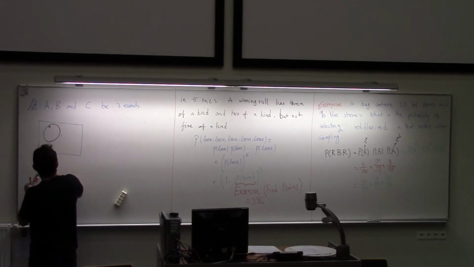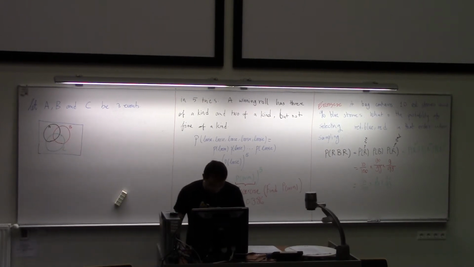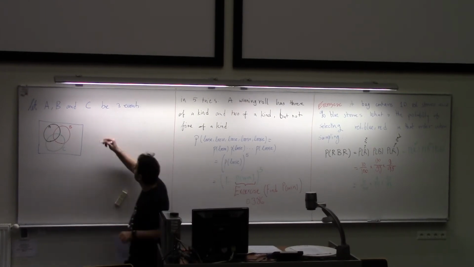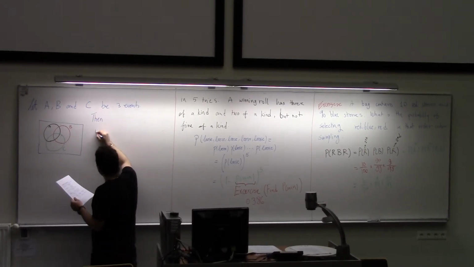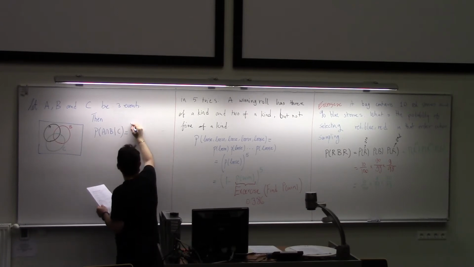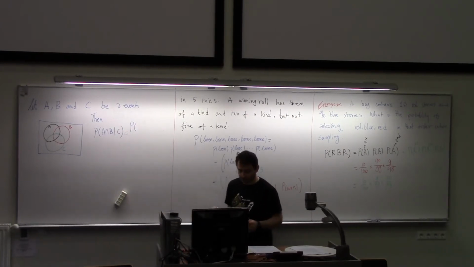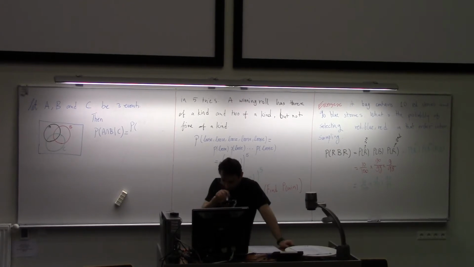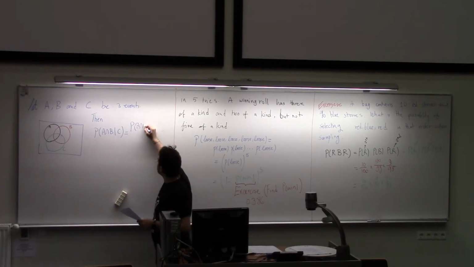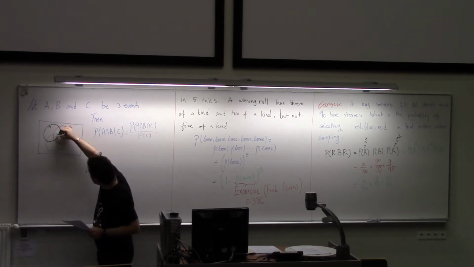Then the probability of A intersected by B given C is the probability of A intersection B intersection C divided by probability of C, which means that this is that intersection part, right?